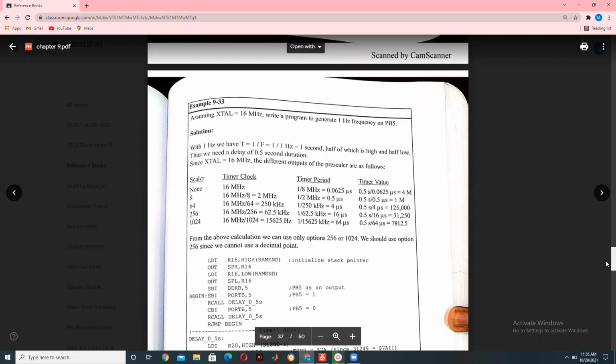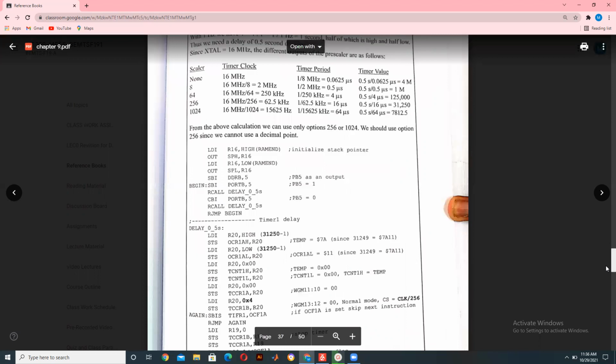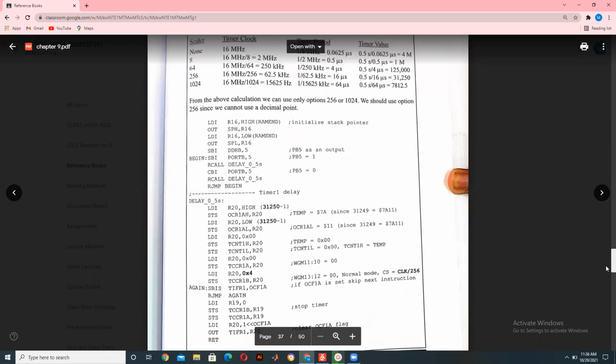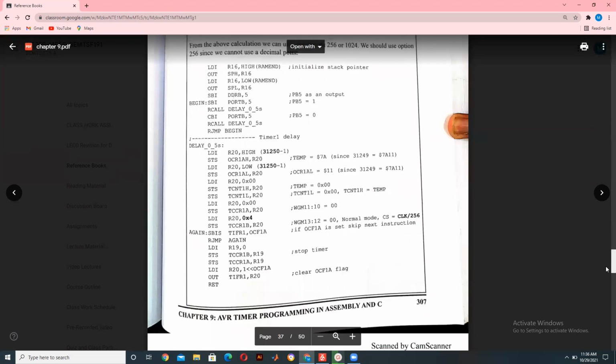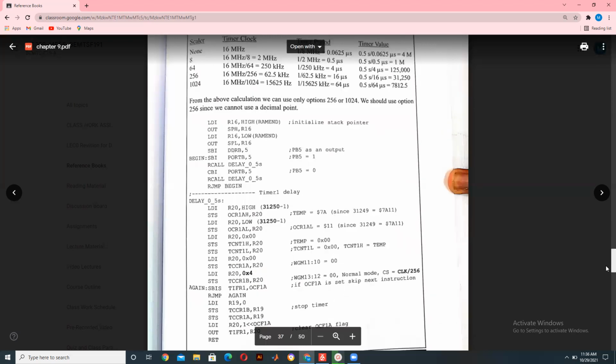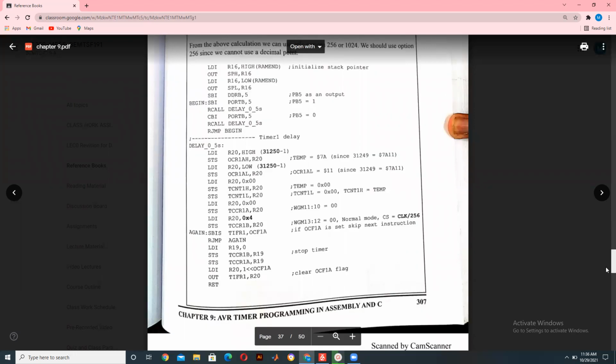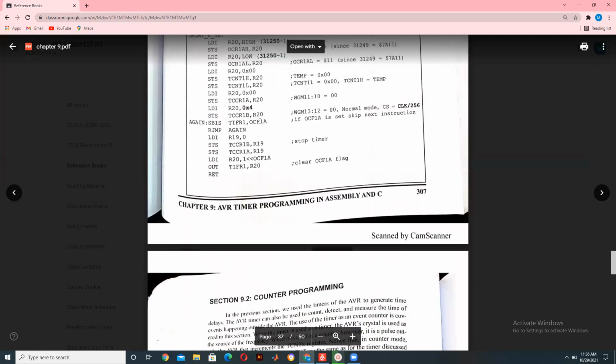So it gives 7812.5, and the value is 31250. So 31250 minus 1 would be included, and it has 4 cycles, so 4 would be multiplied and initialized at R20.